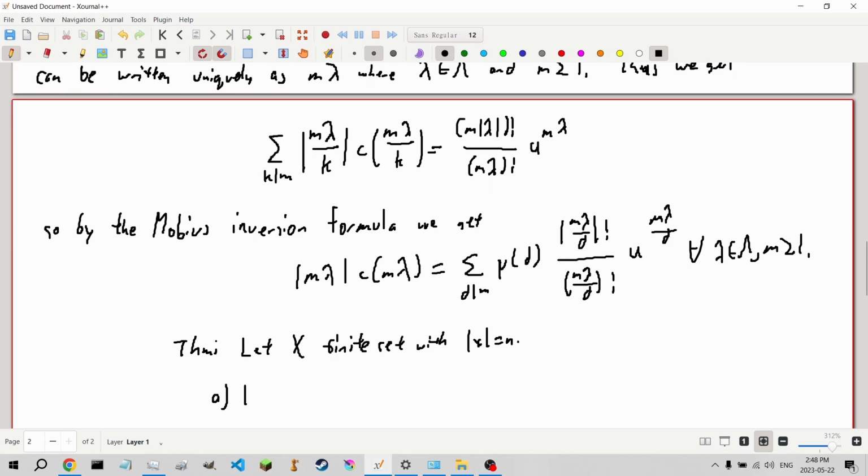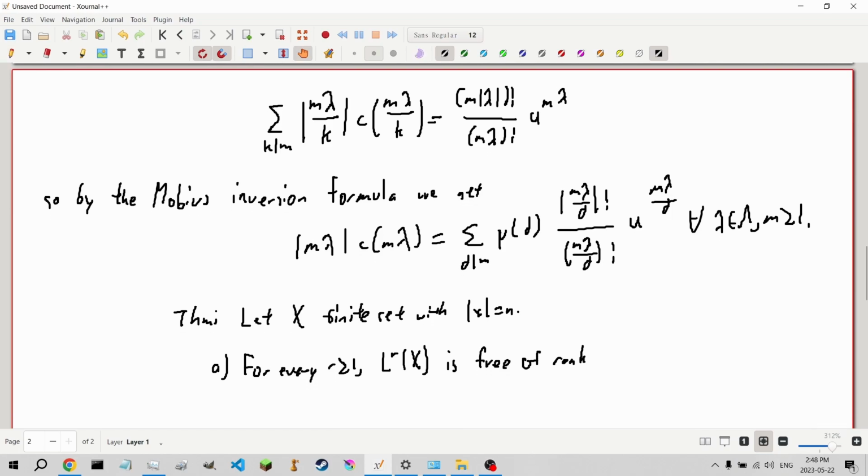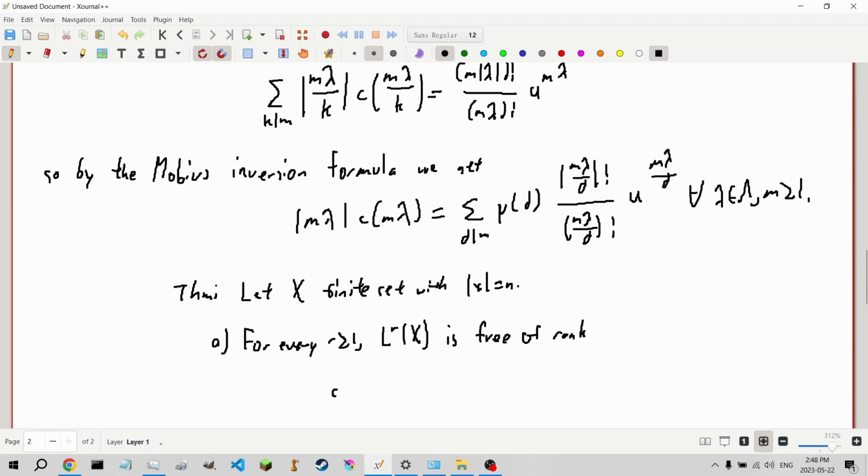Part A: for every integer r at least 1, L_r(X) is free of rank c_r, which is equal to 1 over r times the sum of d dividing r of μ(d) times n to the r over d.